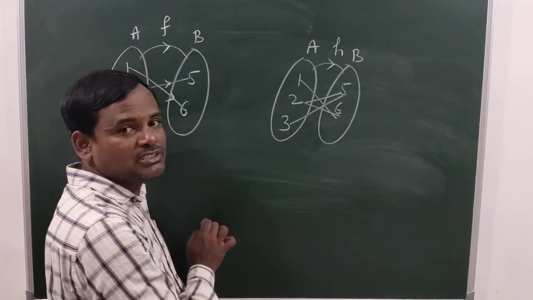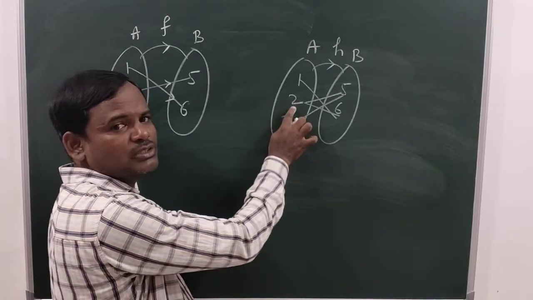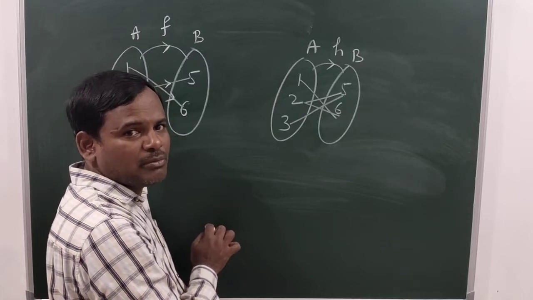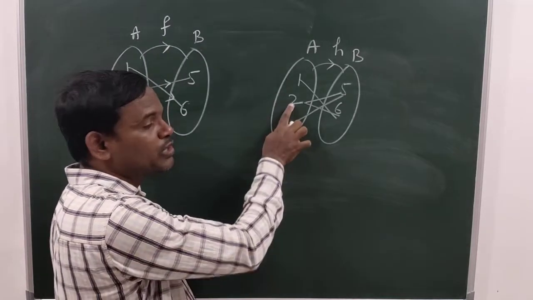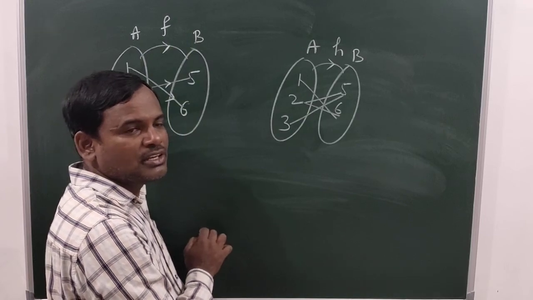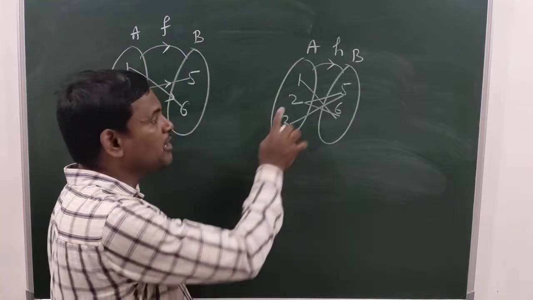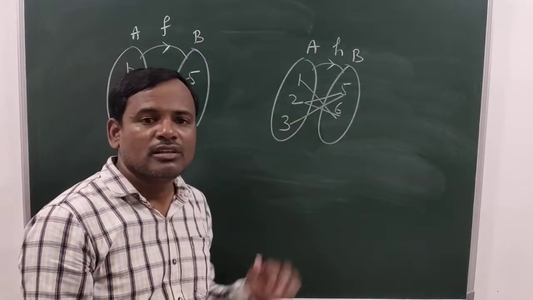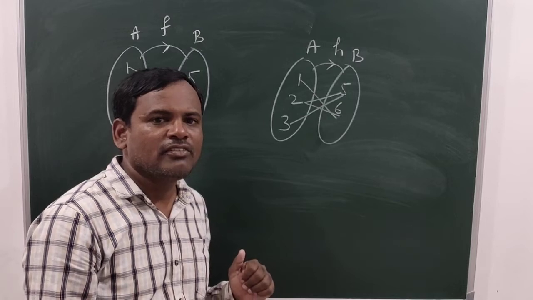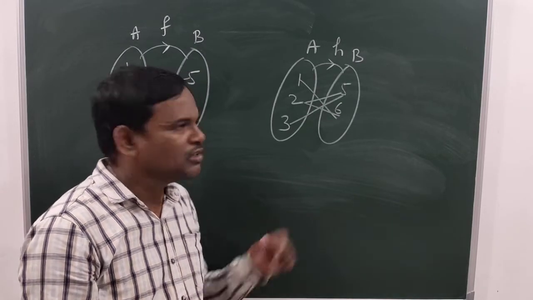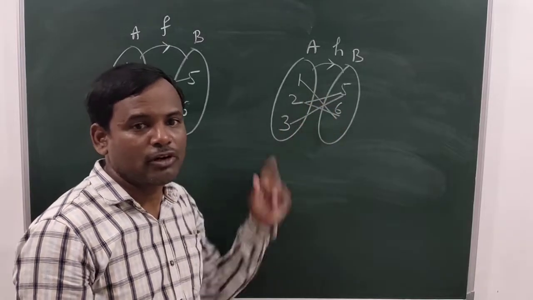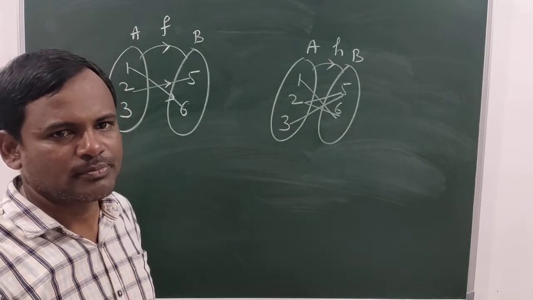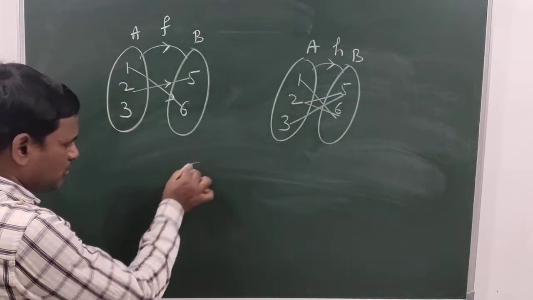No, it does not, because this 2 has 2 images from the set B, but as per the definition of a function, it should get a unique image. Here 2 has double images. Hence this relation is not a function. This is a one-to-many relation. One-to-many relations will not represent a function.